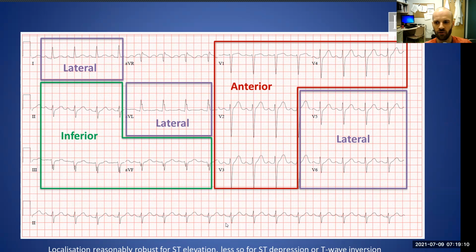So it tends to be a region of the heart that is affected, and therefore you're going to pick up some of these ECG changes in some parts of the ECG, not others. So you can talk about it as a descriptive thing. You say there might be some ST elevation or some Q waves or some T wave inversion in these leads, and that is consistent with the idea that this could be a myocardial infarction affecting the lateral region.